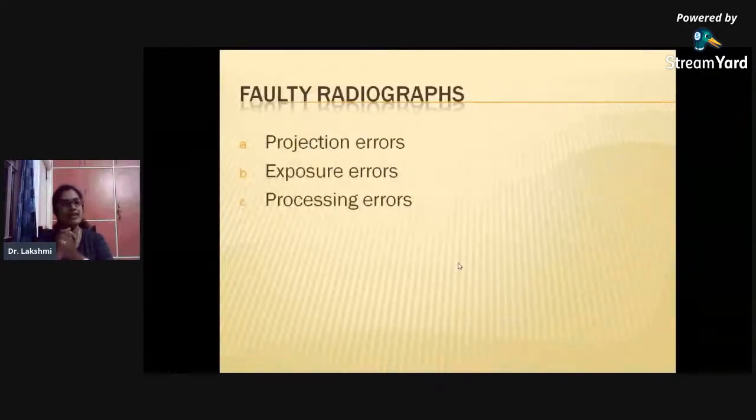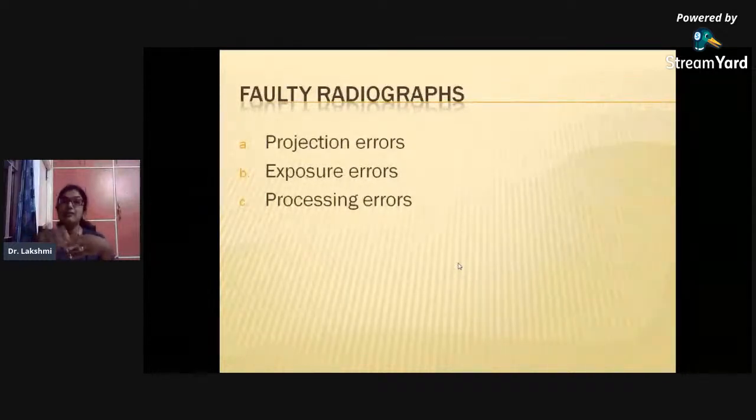So once the X-ray is done, since we are learning about film imaging, we shall stick only to the chemical processing things. Okay, so from the time when you position the patient, the tube, the X-ray film, and you shoot an X-ray, and then go on to processing, there are errors which are bound to occur.